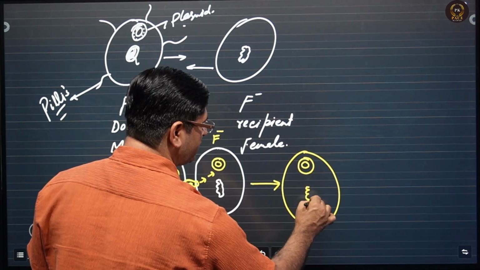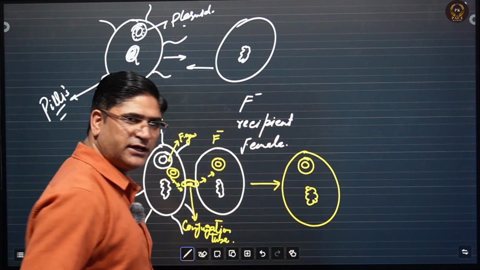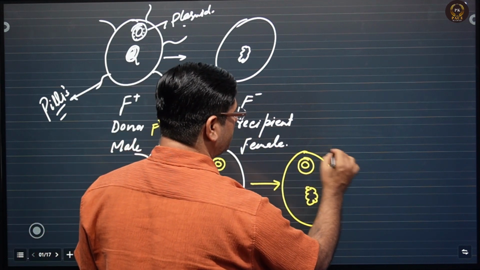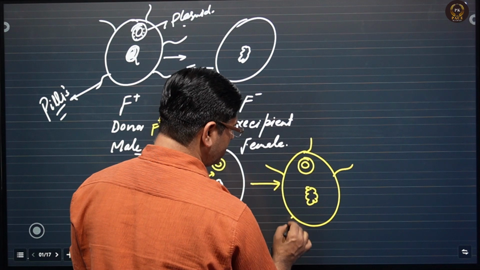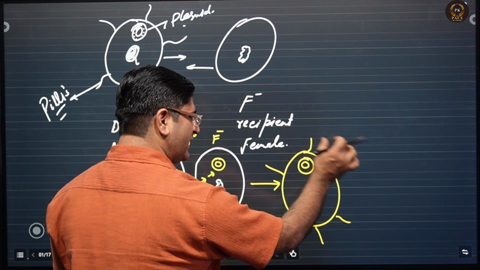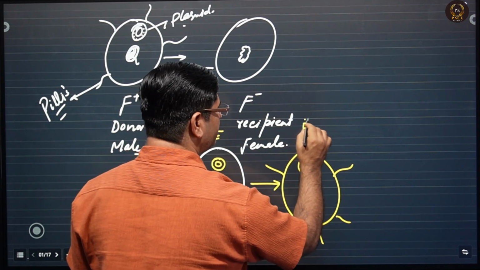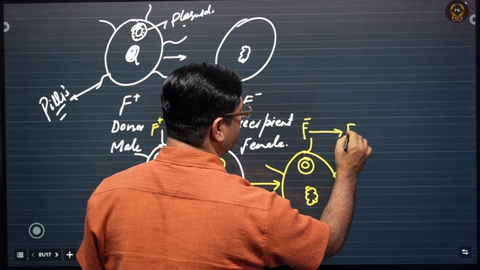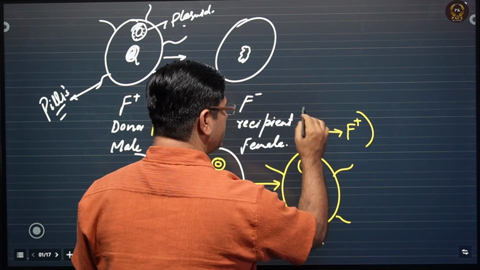This bacteria will develop the plasmid DNA, and it will develop the pili on its body as well. So this bacteria got converted from F negative to F positive.